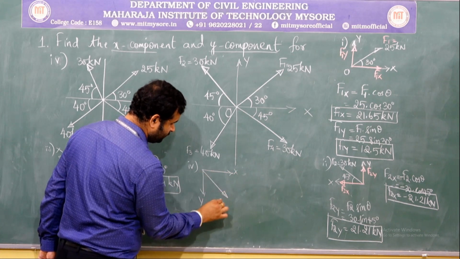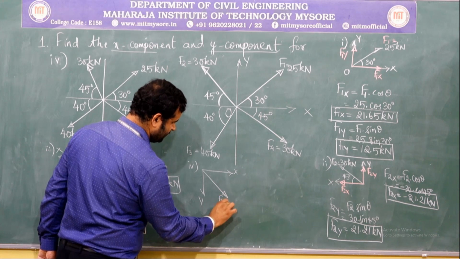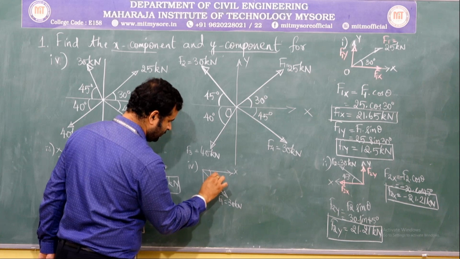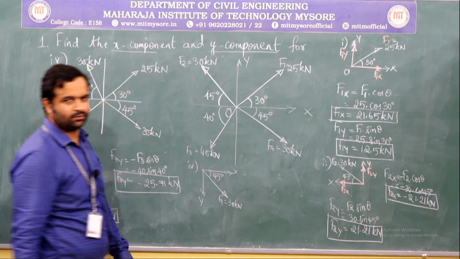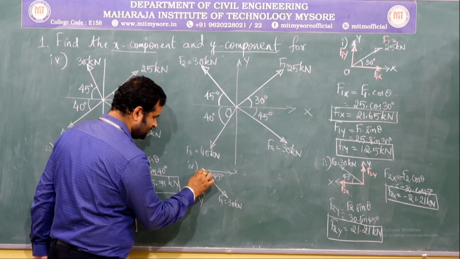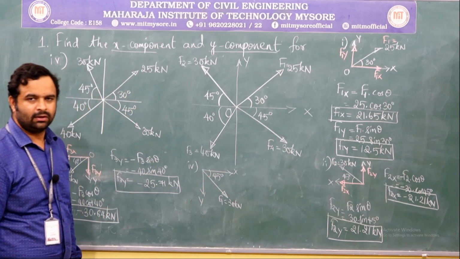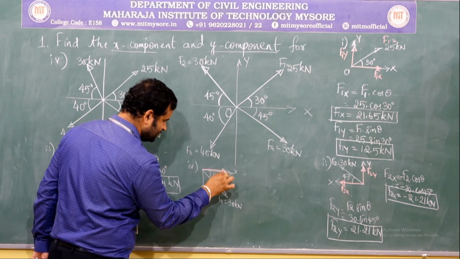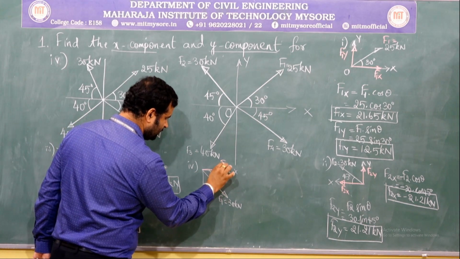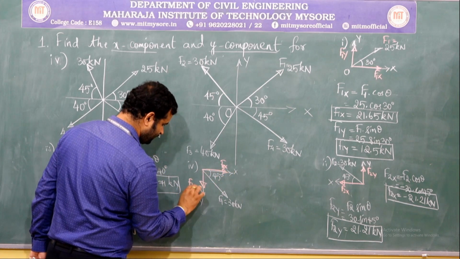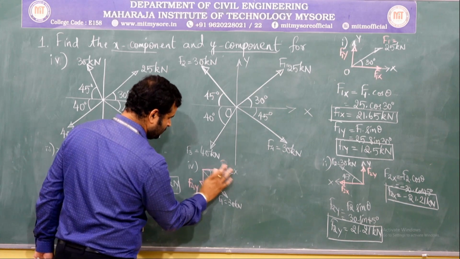This is the fourth force, F4 equals 30 kilonewton, inclined at an angle of 45 degrees with respect to the horizontal axis. So I can resolve this force as this is its F4x, and this will be its F4y.